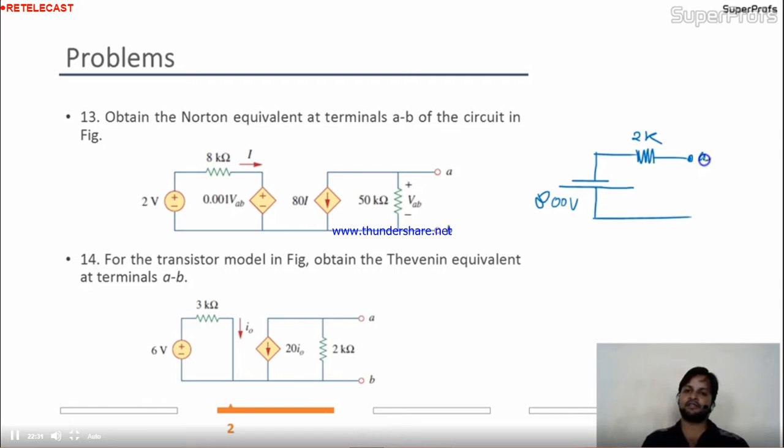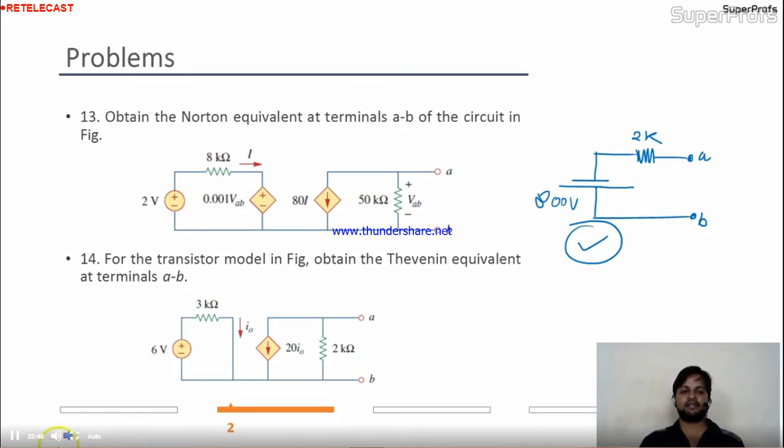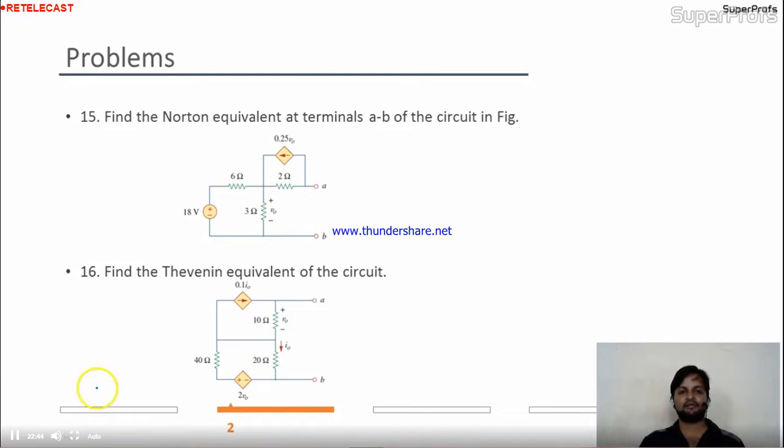The points are A and B. This is your solution for this question. I hope this one is clear to you and you are enhancing your concepts. So friends, do the problems at your home. Again, question number 15: find the Norton equivalent at the terminals A and B of the circuit. This is homework for you, okay?